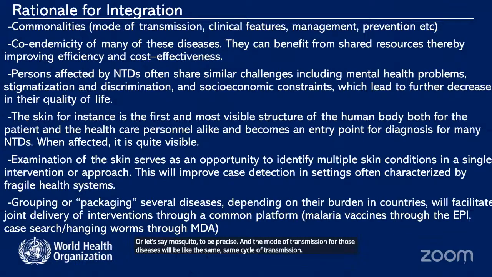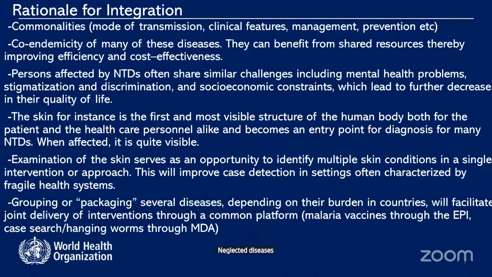And then many of the diseases share common clinical features. Some of them you might not even be able to distinguish between because the clinical features are very similar. And the management for many of them is also similar. Many of them need what we call mass drug administration. These are called the preventive chemotherapy neglected diseases.